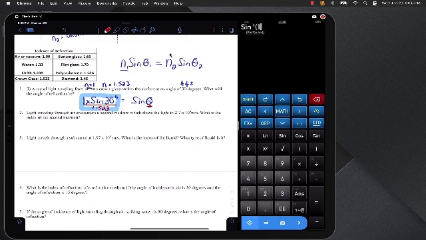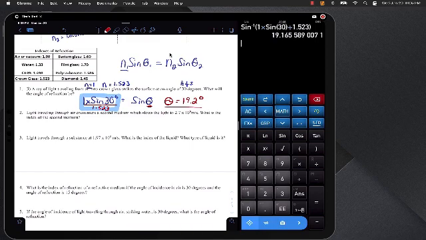We go 1 times sine 30, close that, you have to close it, divided by 1.523, and close that one. I hit equals, and the angle I'm looking for, the angle of refraction, is 19, let's round it off, 19.2 degrees.